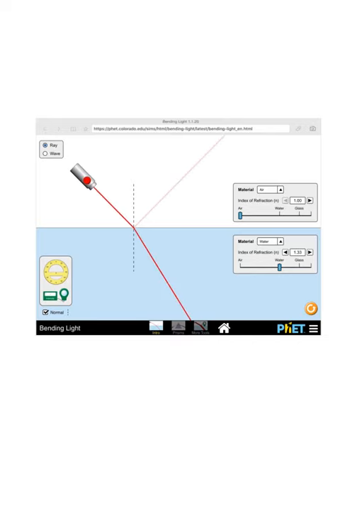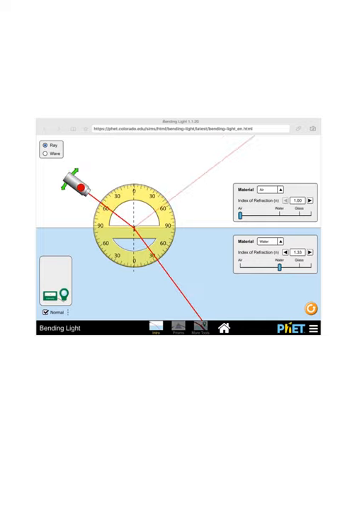We'll turn this light on and watch what happens. Laser light, this red light, is shown at the surface of water. We'll see that some of that light reflects off the surface and bounces away at an angle that's equal to the incident angle. If we measured those angles like we would have done in the laboratory this week, we could have set the incident angle or the incoming angle at whichever value we chose.